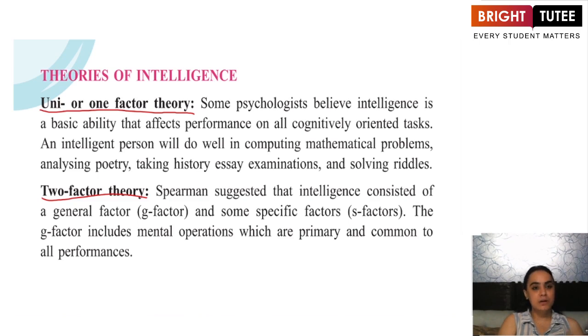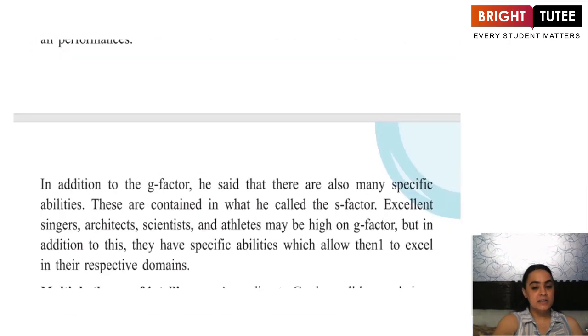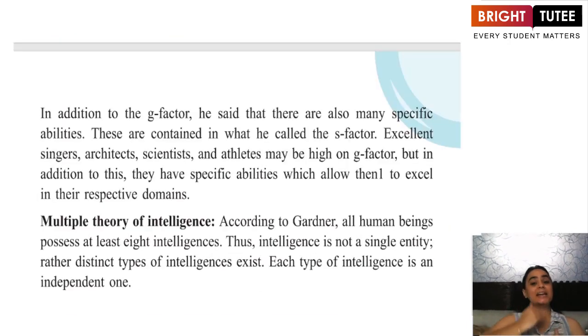capabilities and capacities which a person possesses at a very primary stage, and everyone has an average of such G factors. Everyone in common has those abilities in them. While what is an S factor? An S factor is something which is an addition to the basic abilities possessed by people.